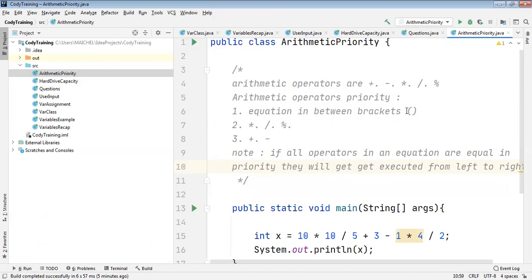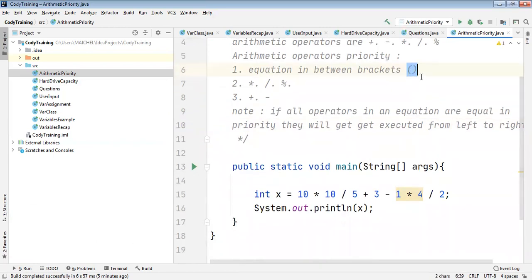Okay, so first, if we have any equation or any calculation in between brackets, this will get executed first. After that, we will look for multiplication, division, or modulus, and this type of operators will get executed second. And lastly, we will look for addition and subtraction, the plus and minus.